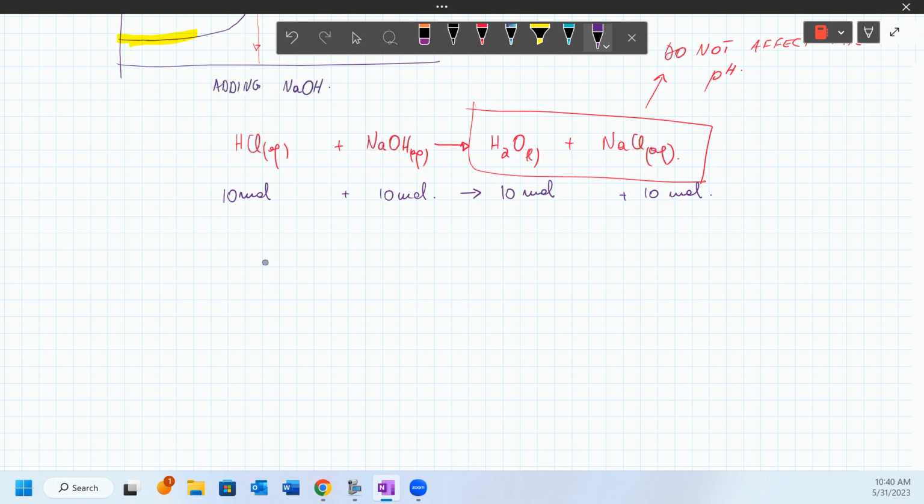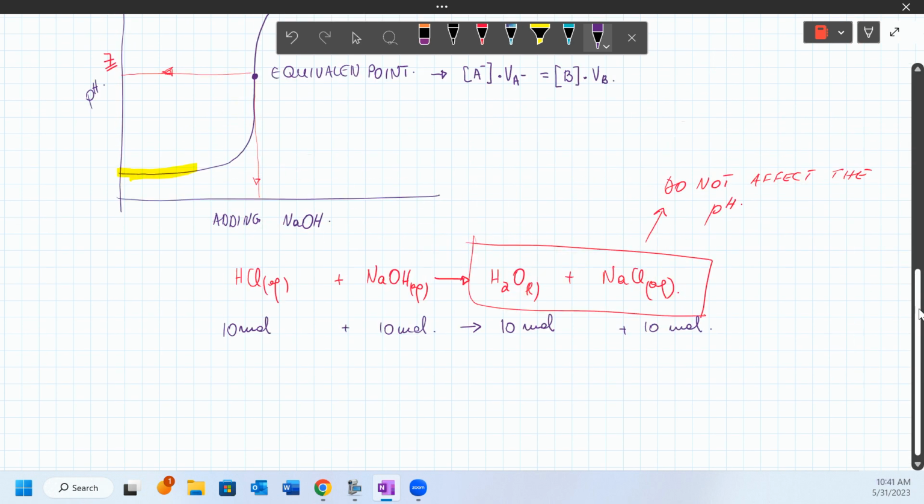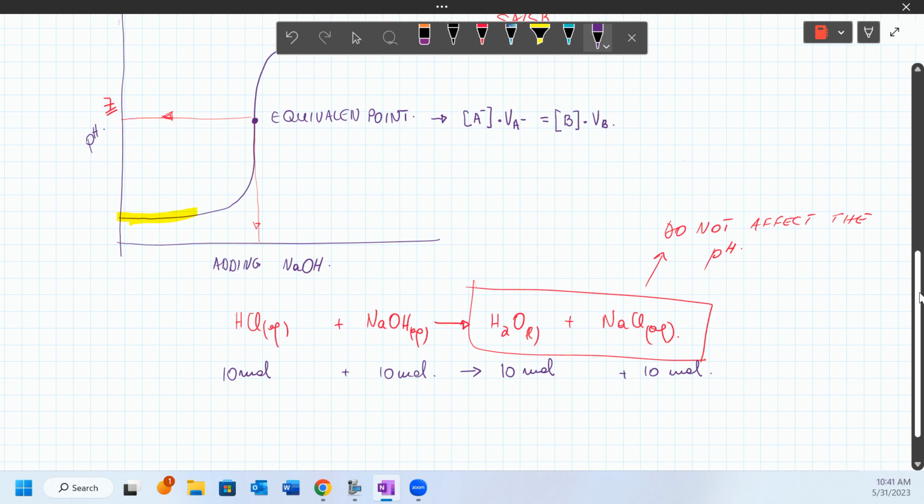But since the water and sodium chloride do not affect the value of pH, and we don't have any H plus or OH minus left, they are all used up because it is a 1-to-1 ratio of hydrochloric acid and sodium hydroxide, then we can say that the pH at the equivalence point is equal to 7, which is a neutral situation.